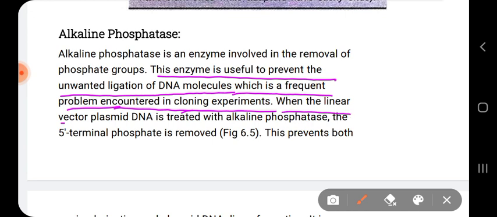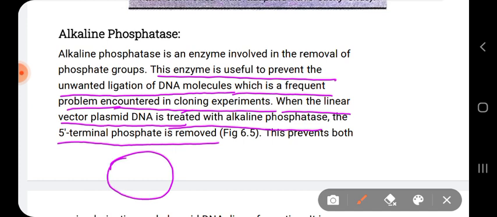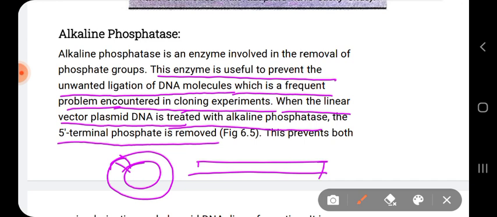When the linear vector plasmid DNA is treated with alkaline phosphatase, the 5' terminal phosphate is removed. I will also show you the diagram. Plasmids are circular in nature, that we know. So when they are broken down and made linear, the 5' end of that linear DNA has a phosphate group.